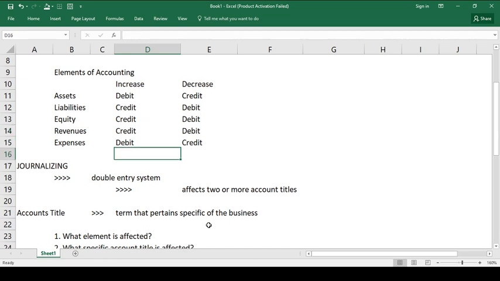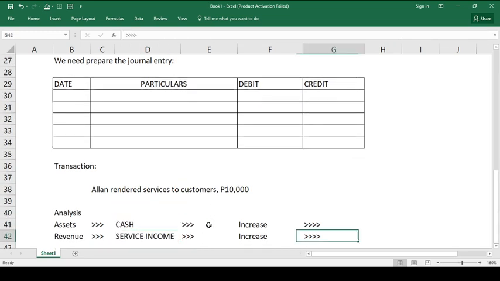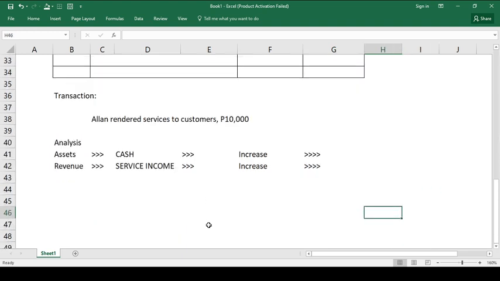So, we have already the debit for the assets, and then we have the credit. Sir, we have already identified whether debit or credit. Ano po gagawin natin to prepare the journal entry?